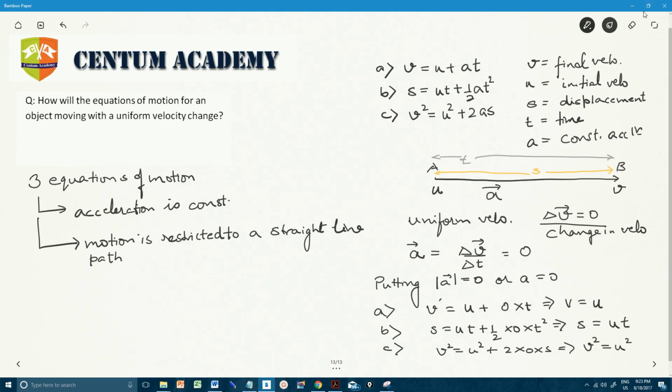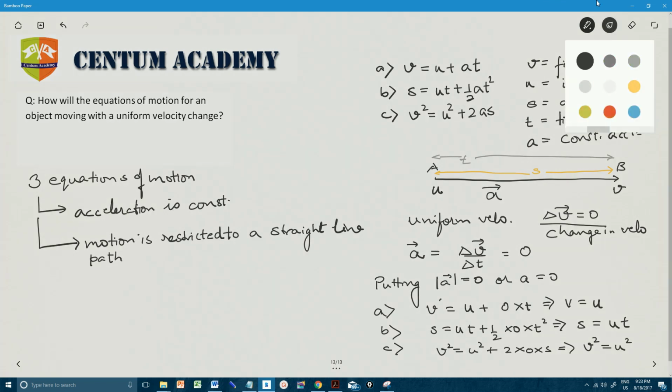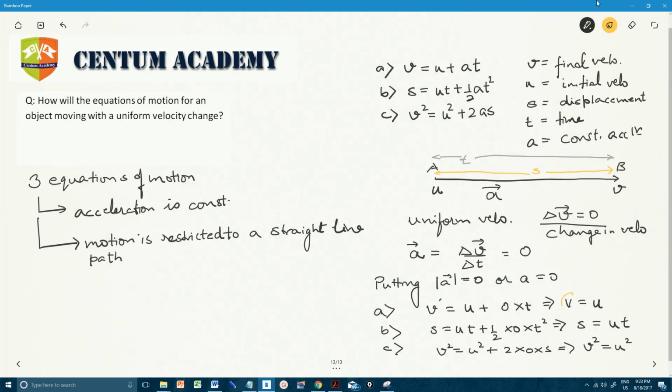So basically if you see v is equal to u, it means throughout the journey, initial and final velocity are the same, so that is the sign of a body in constant or uniform motion. So u is equal to v, and s equals ut, which you have learned in your previous classes, that distance is equal to speed into time.